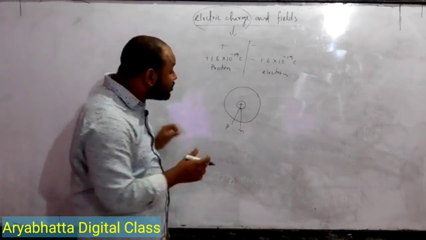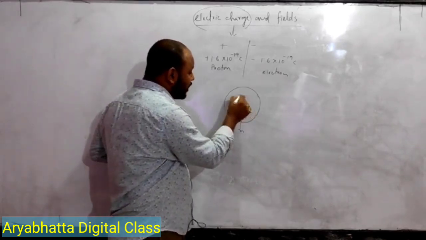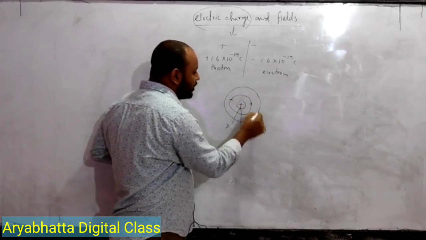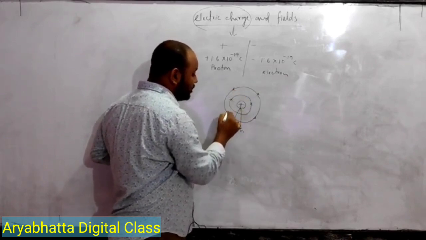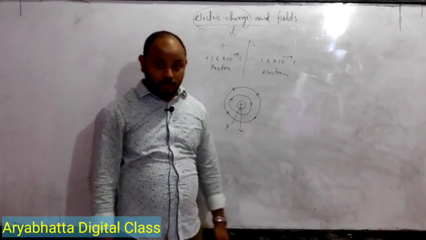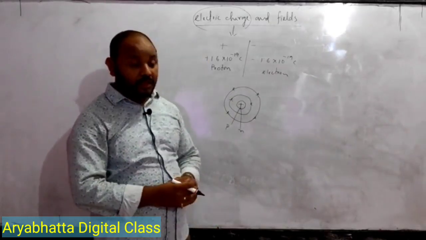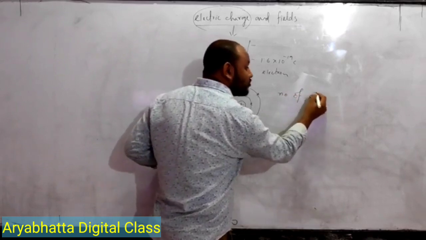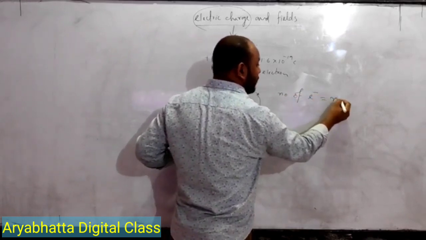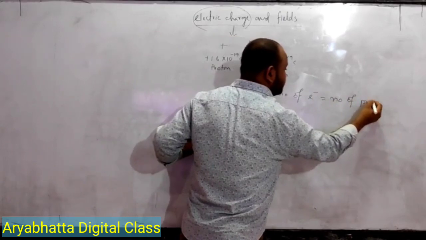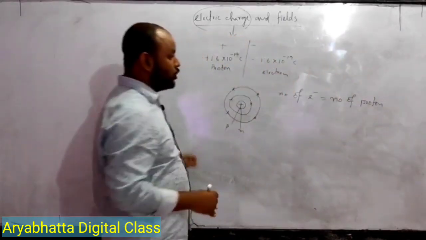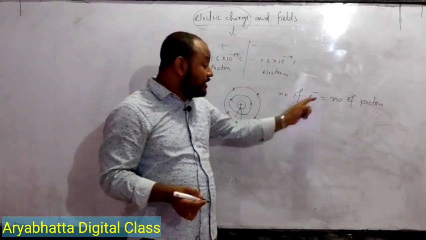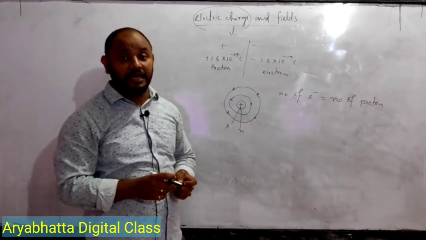Electrons are revolving around that nucleus. In an atom, the number of electrons is equal to the number of protons.